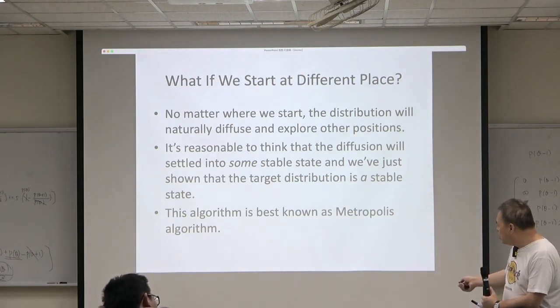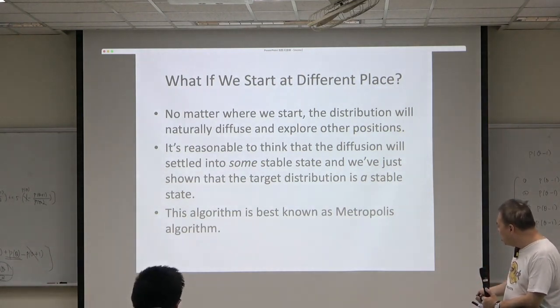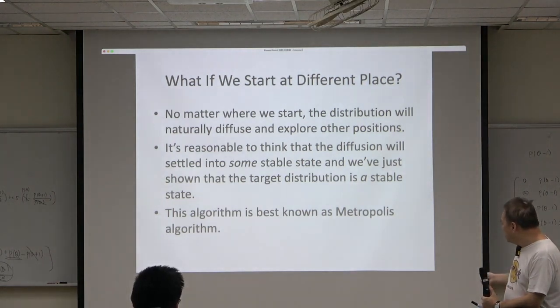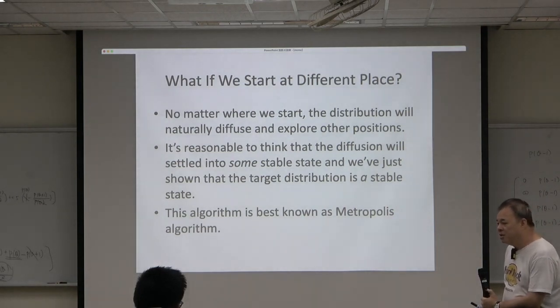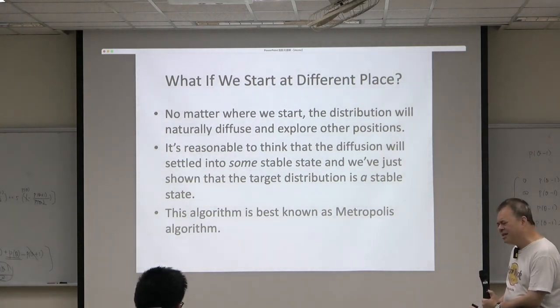So this algorithm is best known as the Metropolis algorithm. Why is it called the Metropolis algorithm? The Metropolis refers to the author of the paper that proposed this algorithm, actually the first author. His last name happened to be Metropolis.